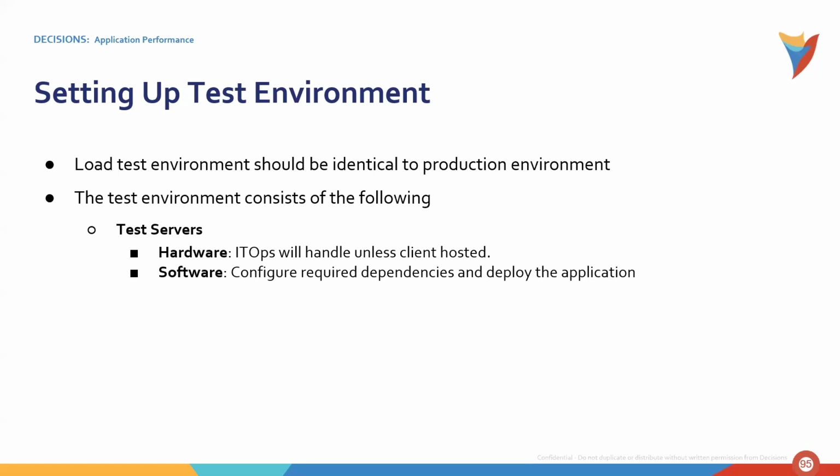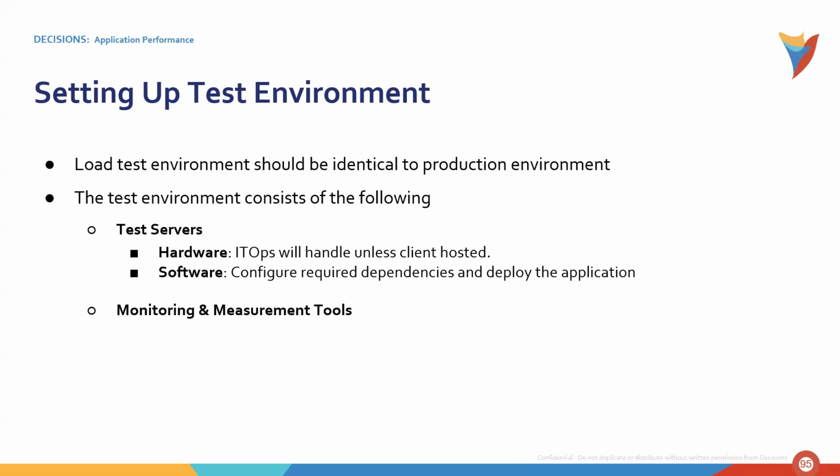Then we also need to install the required software dependencies. Like for running Decisions, we need .NET and we need a database. So all of these things should be installed, and the Decisions application should also be installed on the test server.